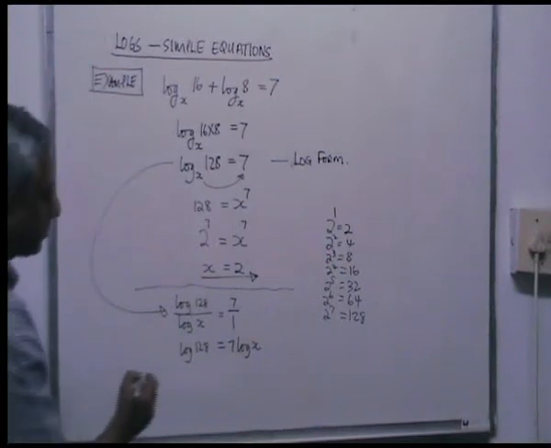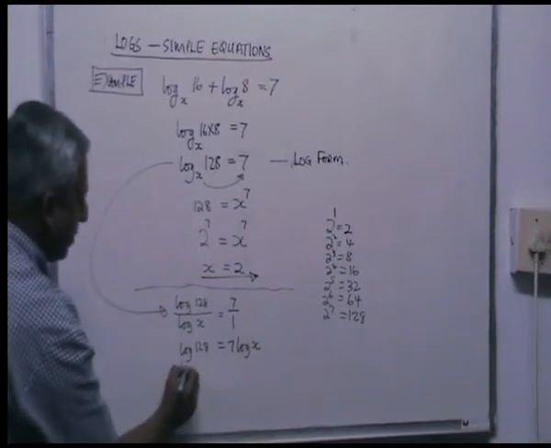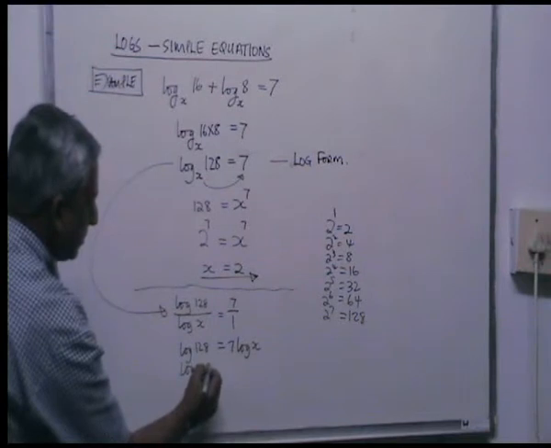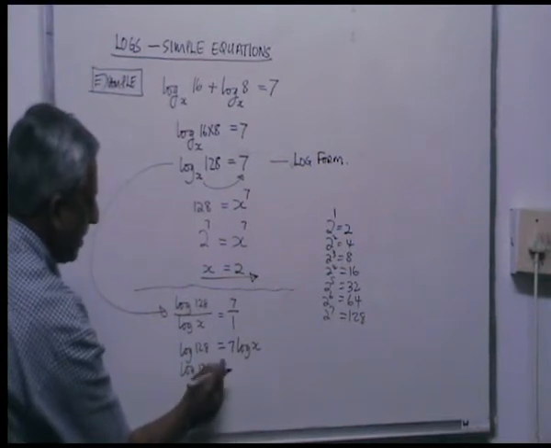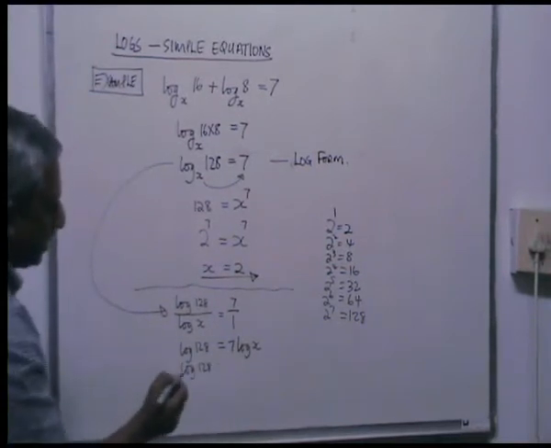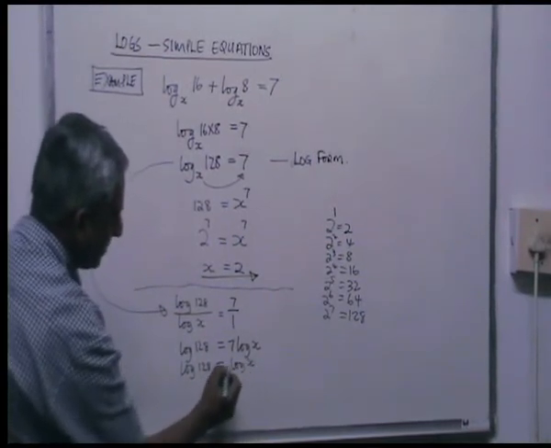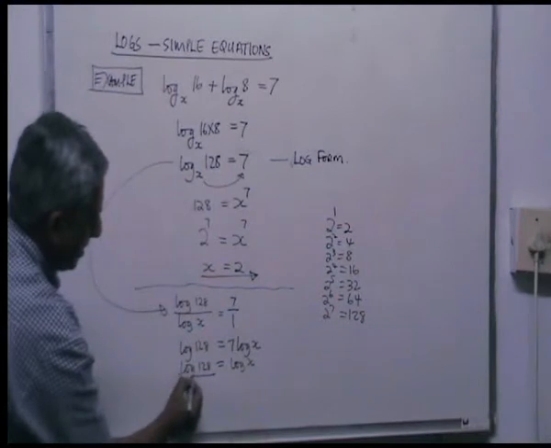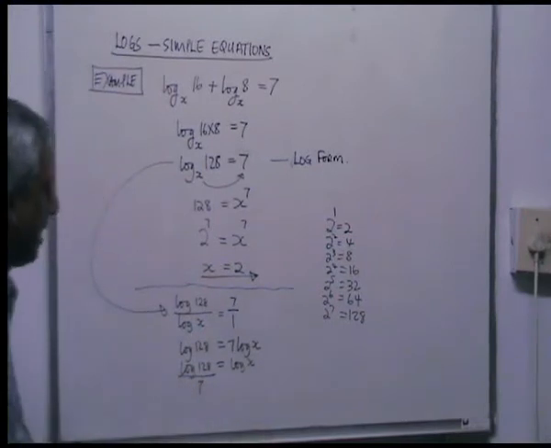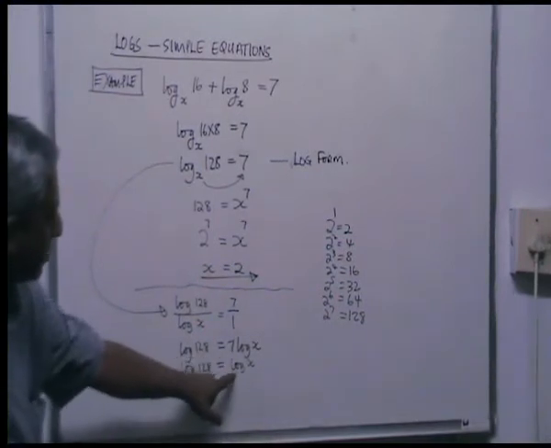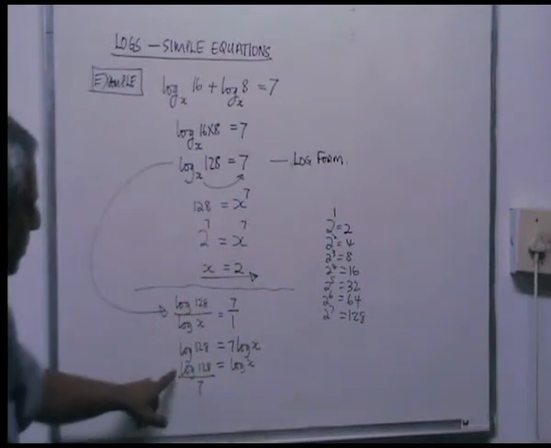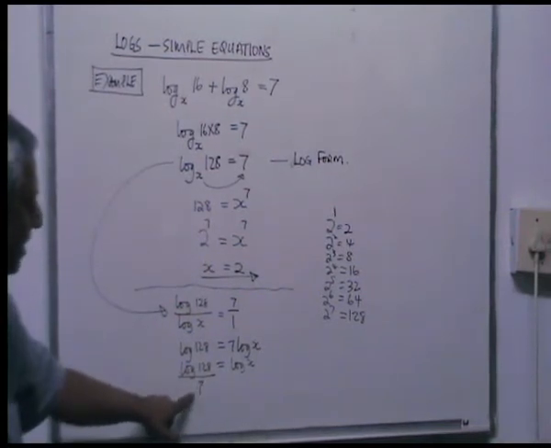Right? So now log of x, you can divide this by 7. You see, I'm getting rid of the 7 now. So log of x is equal to log of 128 divided by 7.